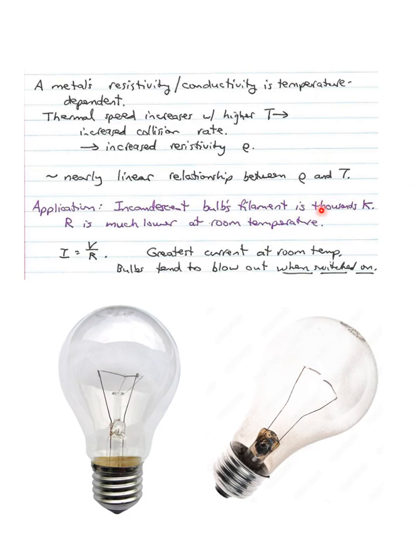Now, one application of this is incandescent light bulbs. The filament when the bulb is on is thousands of Kelvin. But when the light bulb is off, it's room temperature and resistance is much lower. Now, incandescent bulbs aren't used that much, but a common occurrence when we all used incandescent bulbs was when a light would blow out.